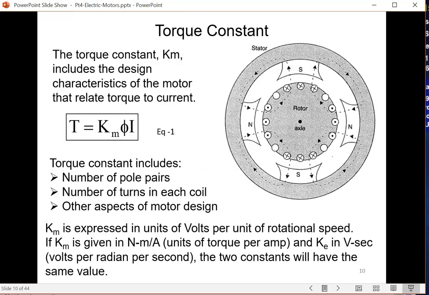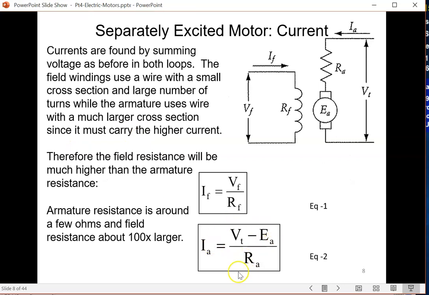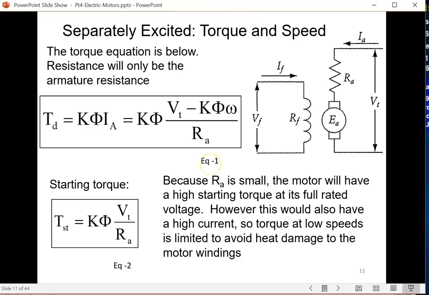Now I have a torque relationship, equation number 1. If I substitute the current from one of the slide pages here into I, then I get K times phi, that's the magnetic field produced by the field winding. This is the overall current.